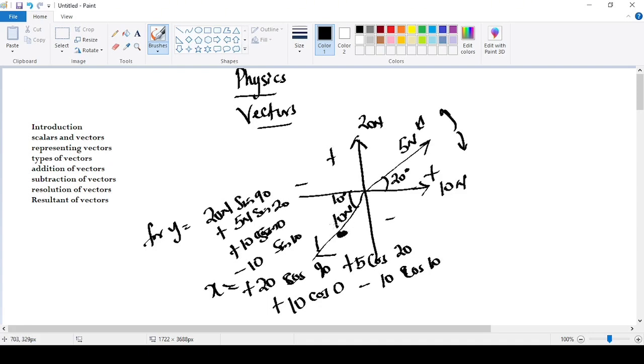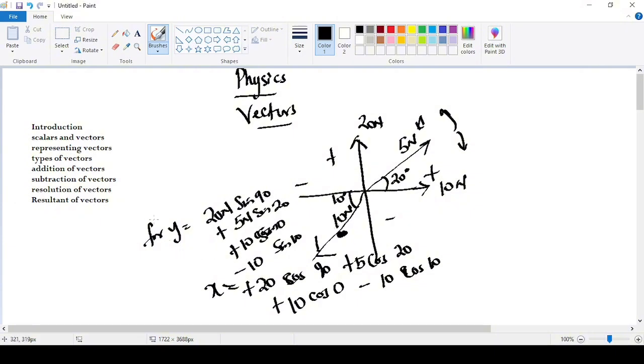Now, if we resolve this, say we resolve 20 sine 90 plus 5 sine 20 plus 10 sine 0 minus 10 sine 10, all of this together should give us 19.97.